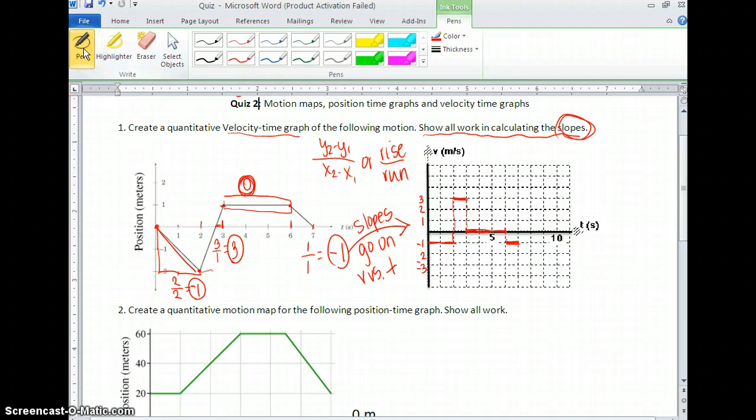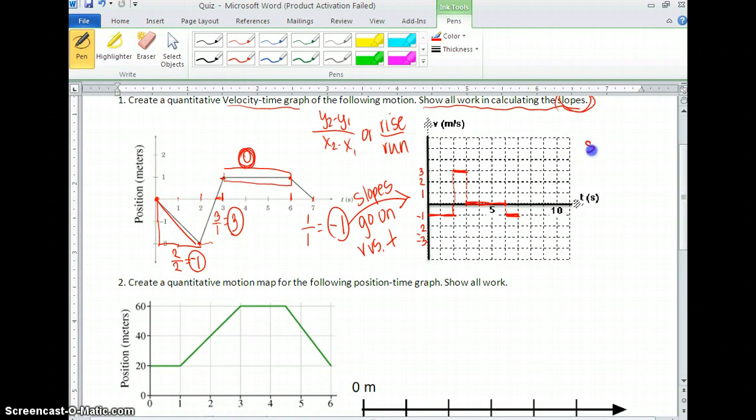So here's how we do our first one. Things just to jot down: the steps that we need to do to go from a position time graph to a velocity time graph. Step number 1 is find the slopes of each line that changes direction.